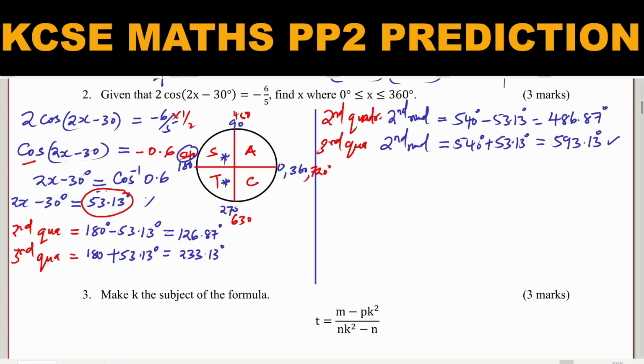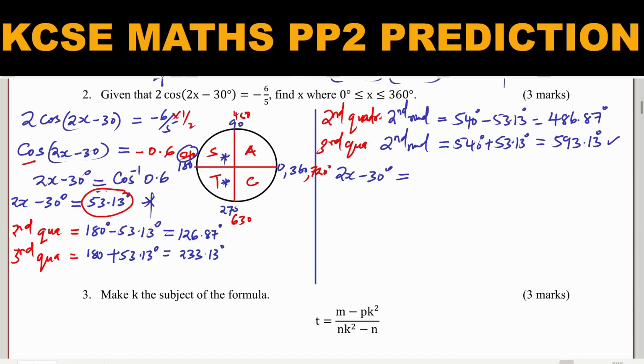So now from our equation, we have the angles as follows. 2x subtract 30 degrees is equivalent to 53.13. We are not taking that because that is in the first quadrant, and in the first quadrant all of them are positive, and remember we want quadrants where cosine is negative. That is why we are just using 53.13 to help us get the angles in the other quadrants.